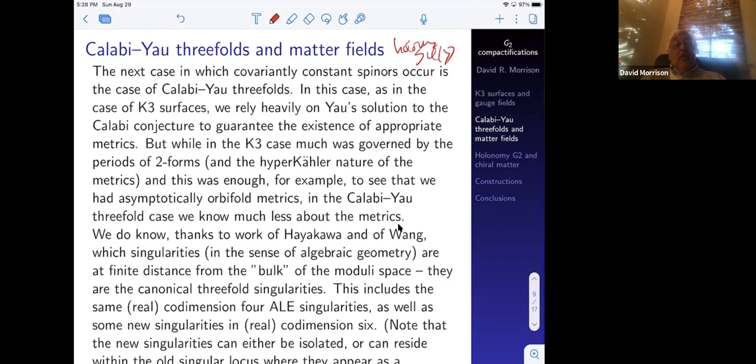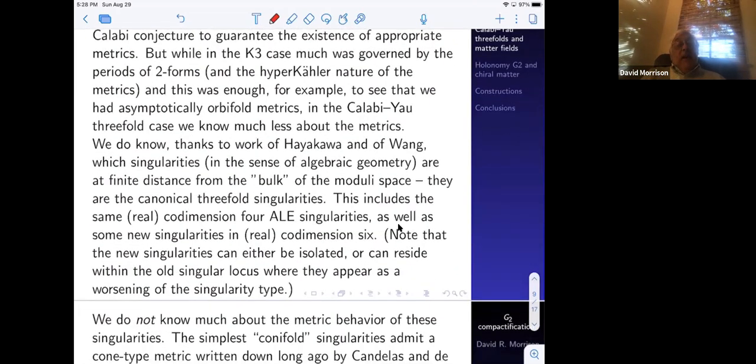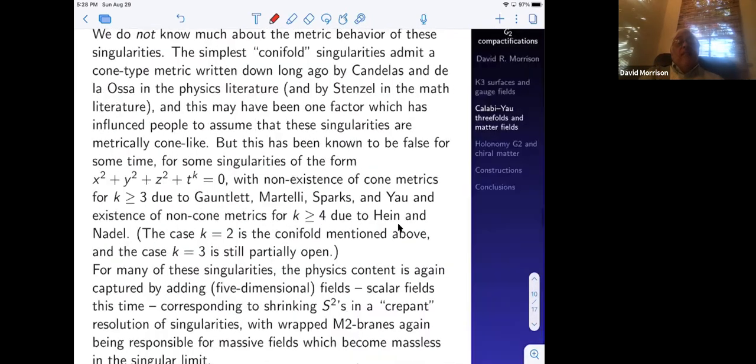They include the real codimension 4 ALE singularities that we had before, but there are some new singularities which have complex codimension 3 or real codimension 6. Those new singularities might be isolated, or they might be somewhere within the old singular locus where there is a worsening of the singularity type in the old singular locus. However, we don't know too much about the metric behavior of these singularities.